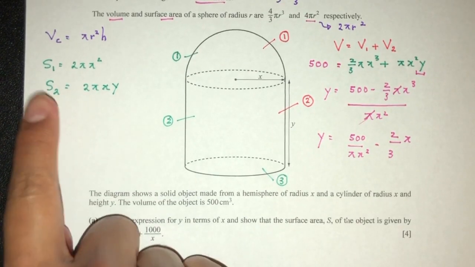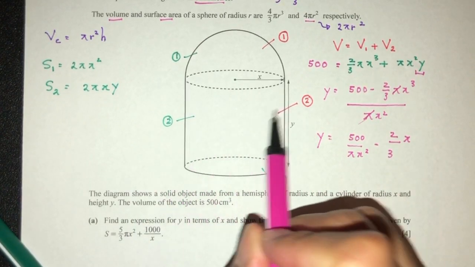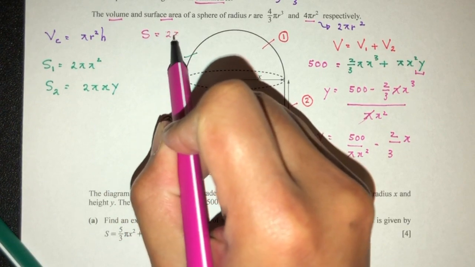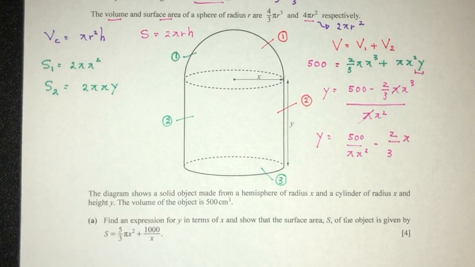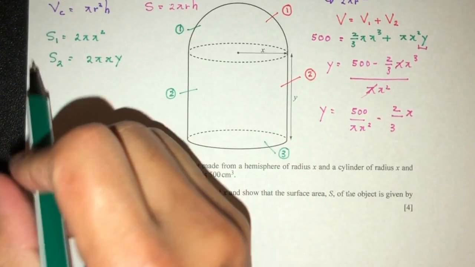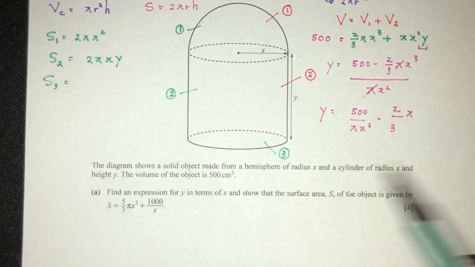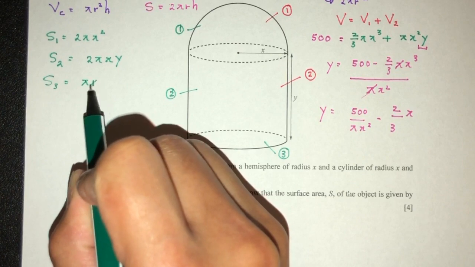So let me write this down. The formula for the curved surface area of a cylinder is 2 pi r h. So we have to know these two for those questions. And finally, for the base area, that will be S3, the area of a circle of radius x. That will be pi r squared, which is pi x squared.